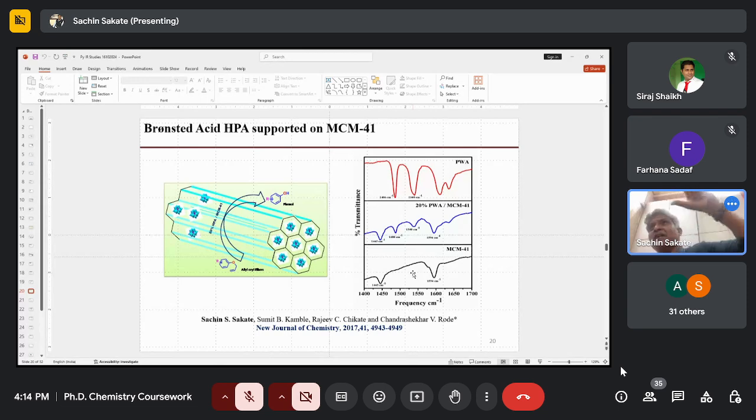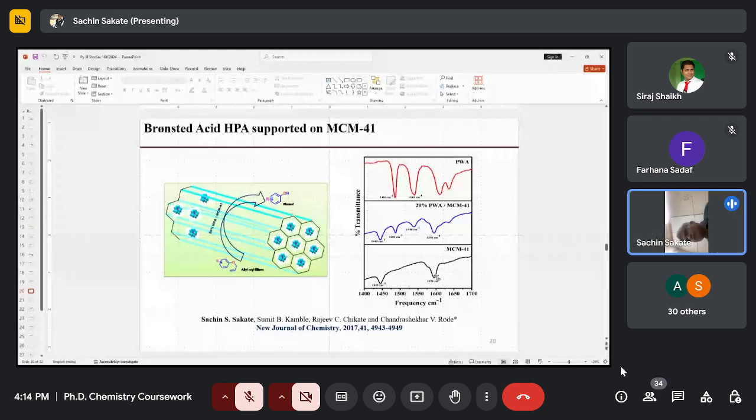But when phosphotungstic acid is loaded on MCM 41, it becomes a Lewis acidic and Bronsted acidic material. So now if you see, the peaks of PWA are also seen and the peaks of MCM 41 are also seen.